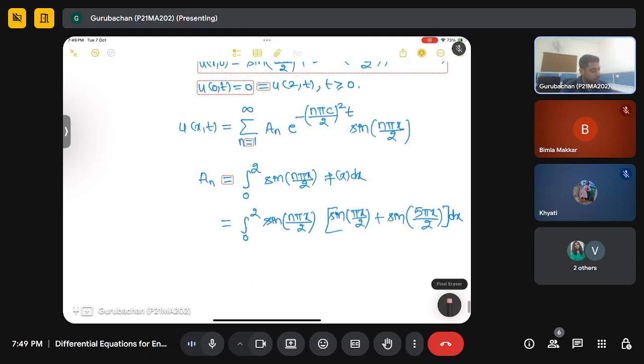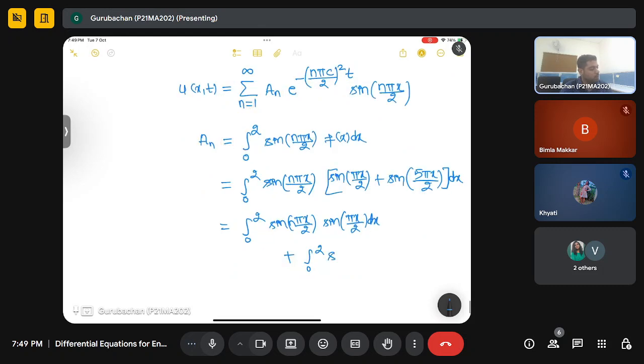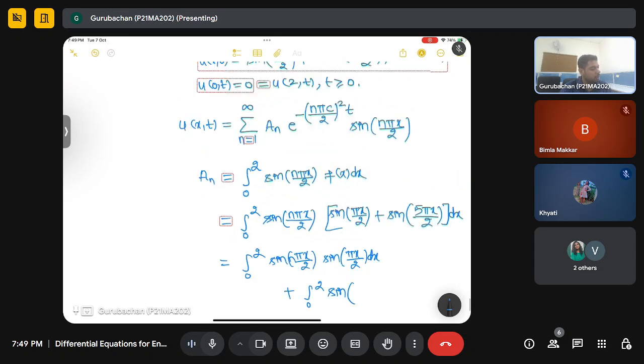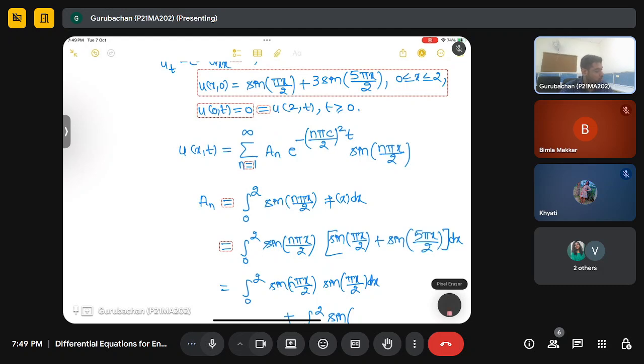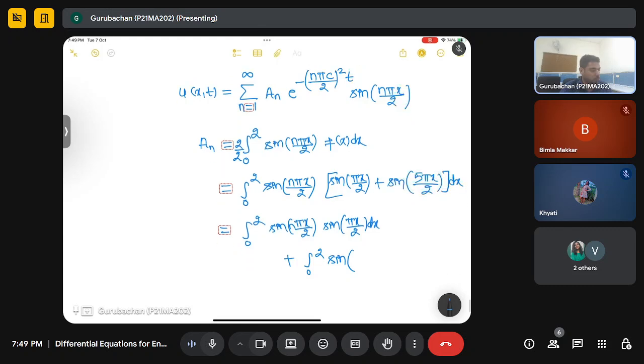Now you may divide this integral into two parts: the integral from 0 to 2 of sine n pi x by 2 sine pi x by 2 dx plus the integral from 0 to 2 of sine n pi x by 2 sine 5 pi x by 2 dx. Here it was 2 by L also, and since the value of 2 by L is 1, it contributes nothing in the expression.